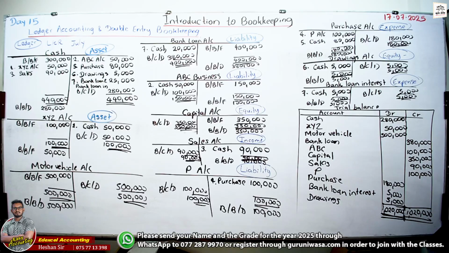Writing still. Which place are you writing? Can you hear me? I'm writing on the right side, the right side of the board. So you are writing the trial balance. Yes, but the purchase account and drawings, I'm writing that side.